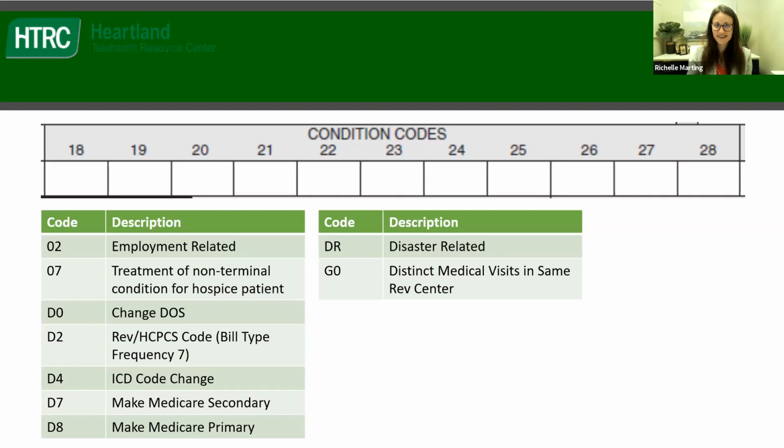When that's the case, there are several things we have to do on the claim, and one of those is to add a G0 condition code in one of these condition code fields to indicate that one of the services on the claim is a distinct medical visit for the same patient on the same day. Without that, we're likely to get denied payment on that second item.